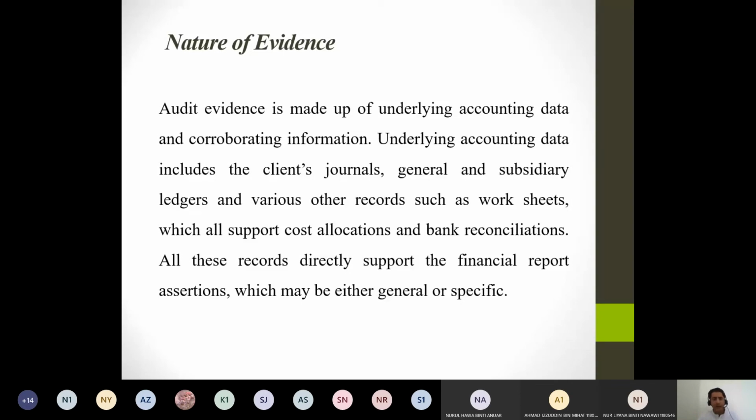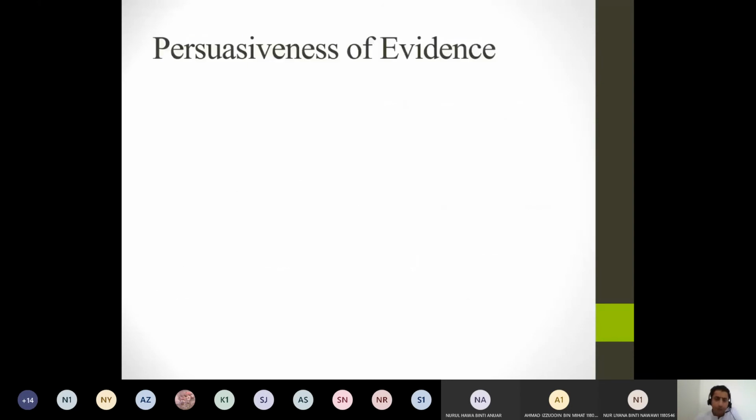All of that are supporting documents, considered one of the evidence that we auditors will refer to as natural or audit evidence.